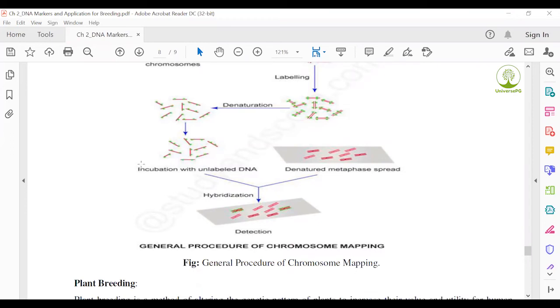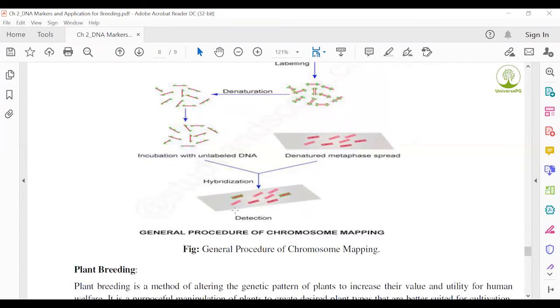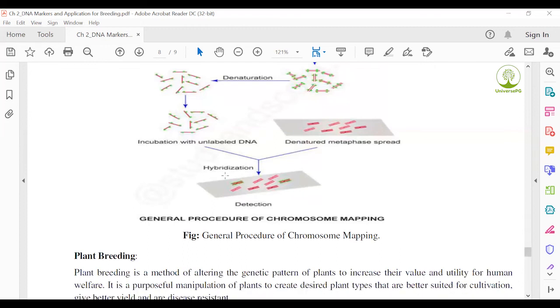In this step, we use some unlabeled DNA and denatured metaphase spread. Therefore, hybridization and produce DNA strips or DNA microarray for the final detection. You see only two chromosomes showing labeling and the others are unlabeled DNA.